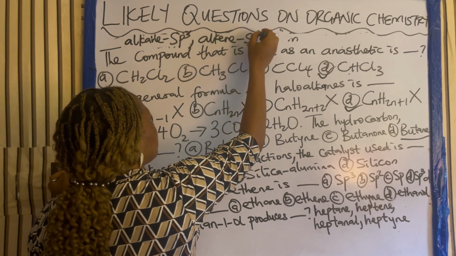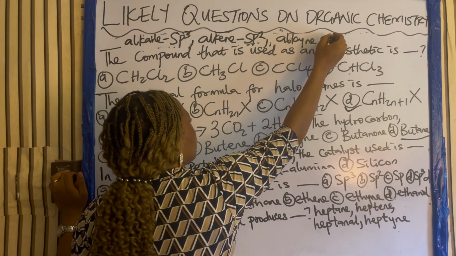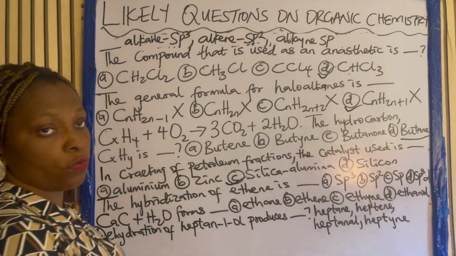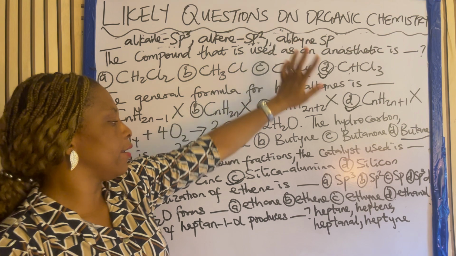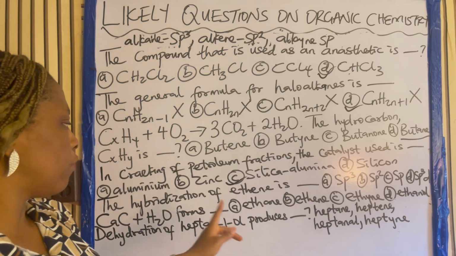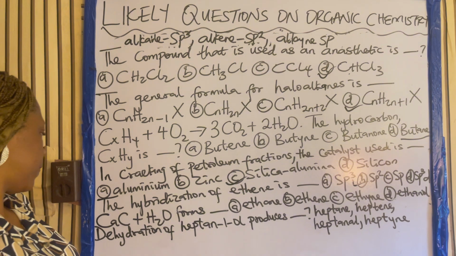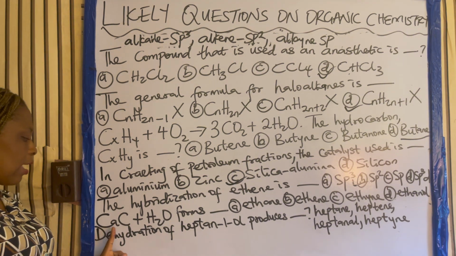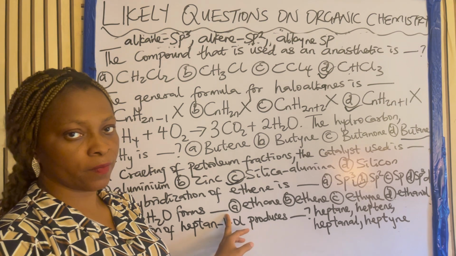Alkene is sp2, and alkyne is sp. Please take notes. Alkane sp3, alkene sp2, alkyne sp. So the hybridization of ethene is what? sp2.